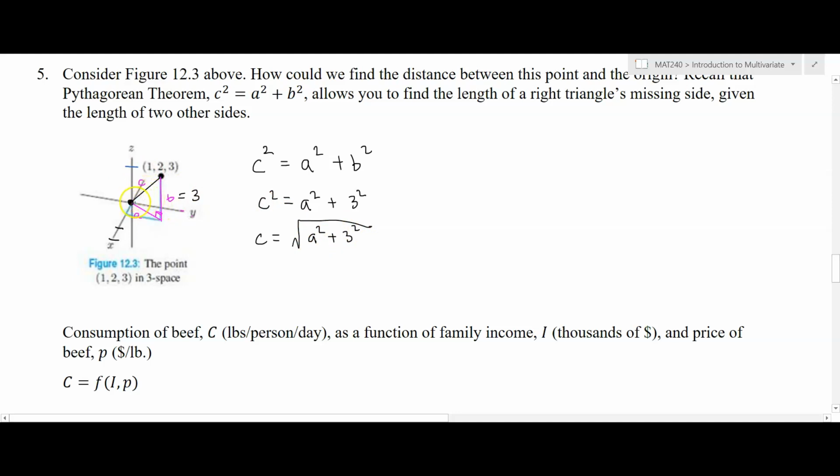The one thing that I do know about A is that I can actually form a right triangle inside of the xy plane. And the way I'll do that is by looking at this portion here. And this A is really the hypotenuse of this right triangle right here. And the reason I know that that's perpendicular is because this distance here, which I know is 1, and this distance here, which I know is 2, is just the distance from the origin to the x location.